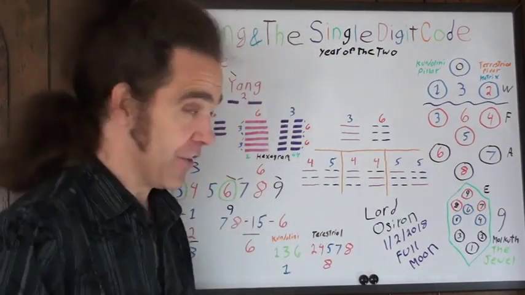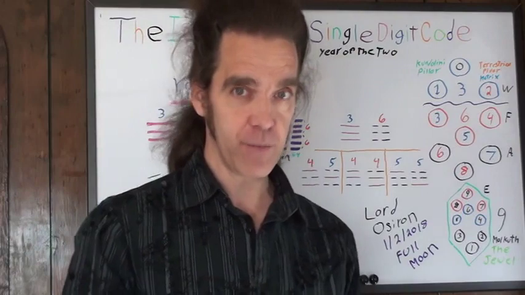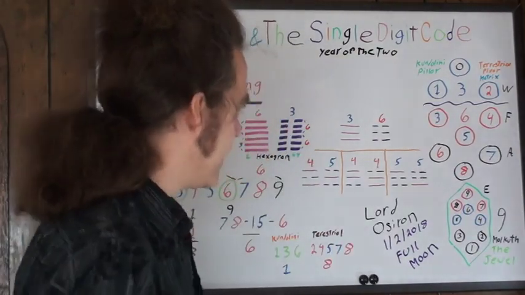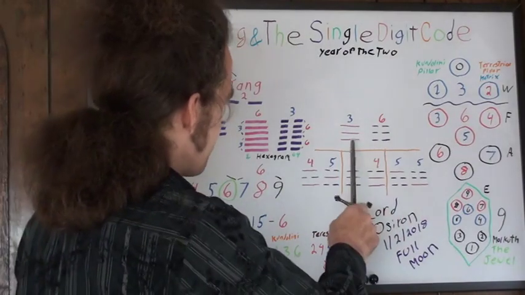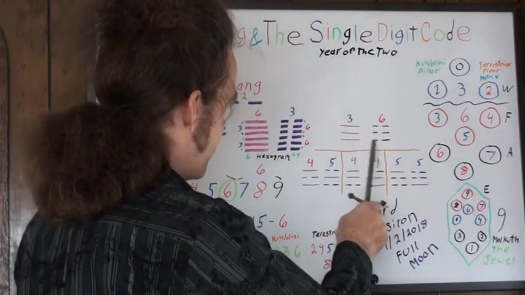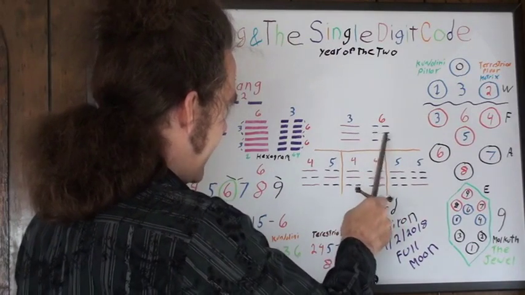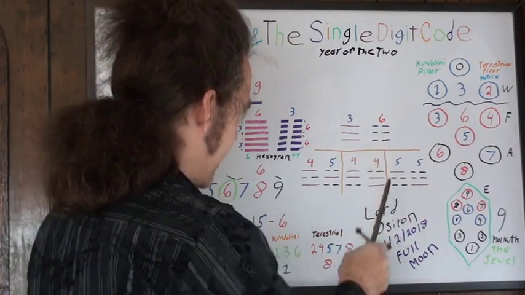And the single digit code is going to show you that these are proper. It's going to tell you the order of how they go, okay? So now you've got the 3 and the 6 pair. This is the root pair. This is all feminine or all yin, and the 6 is all yang, okay?